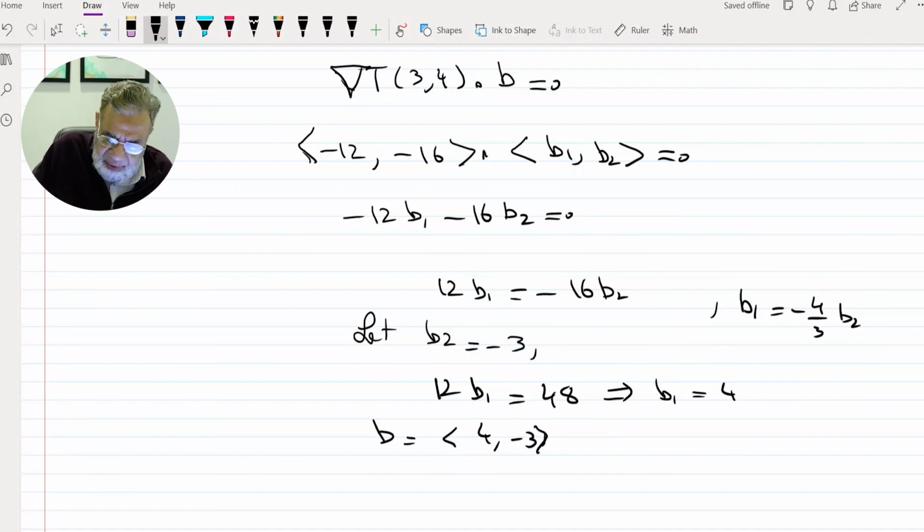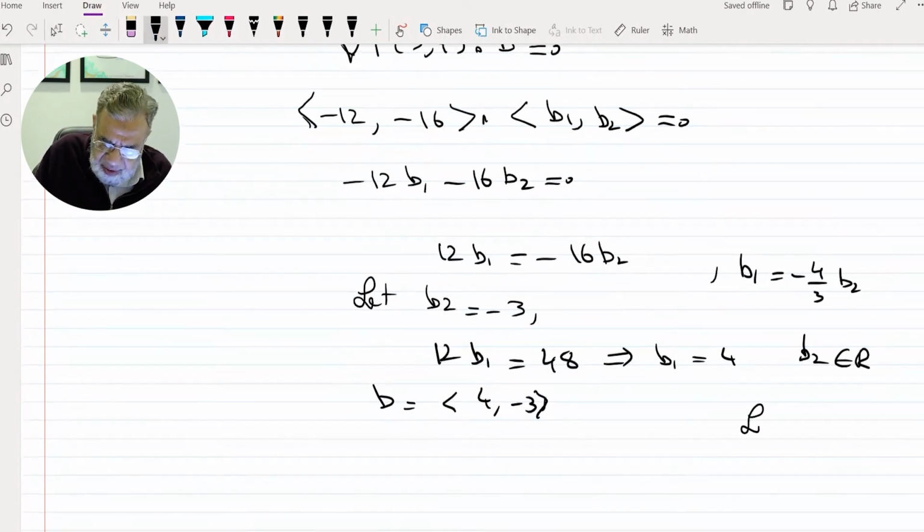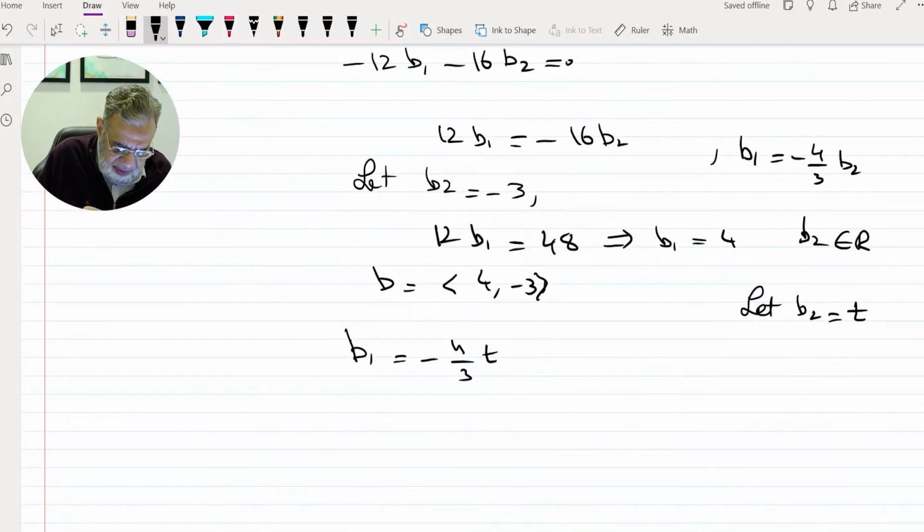We can take b to be any real number. Let b2 be equal to t. Then b1 is equal to minus 4 over 3 t. So the general vector b is equal to (minus 4 over 3 t, t), where t is any real number.